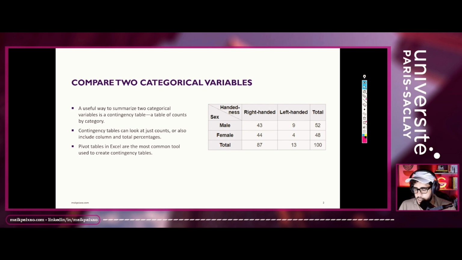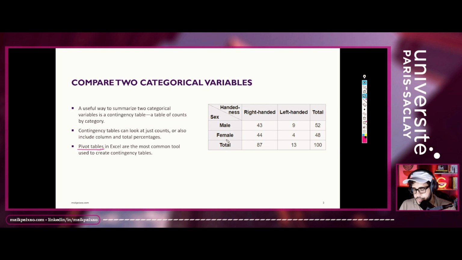We can look at contingency tables using counts as a measure, but we could also use percentages. I think the most common type of contingency table in real life is the Excel pivot table. I think some of you may already know or have used them.